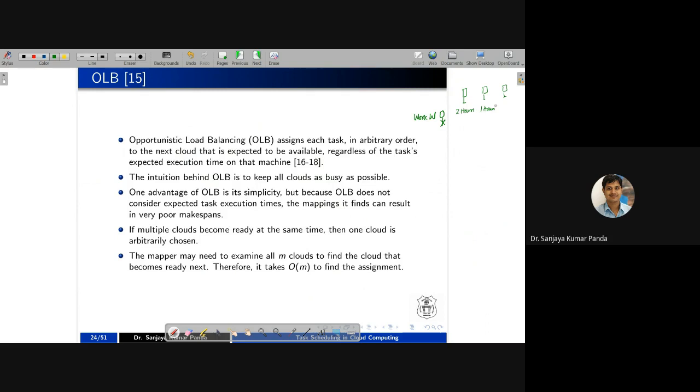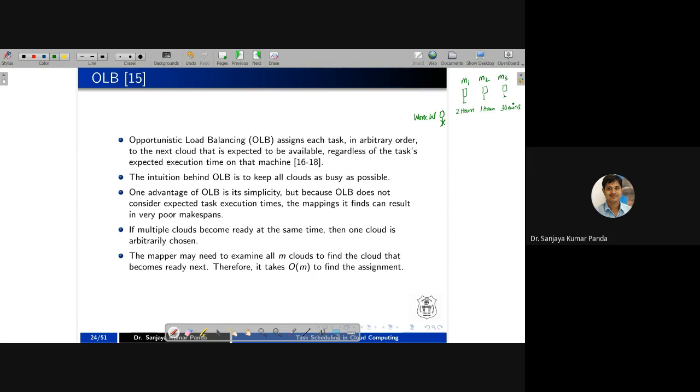The third machine is busy for 30 minutes. That means before assigning the work W, these three machines, M1, M2, M3, or C1, C2, C3, whatever it may be, are busy for a certain period of time, right? 2 hours, 1 hour, and 30 minutes.